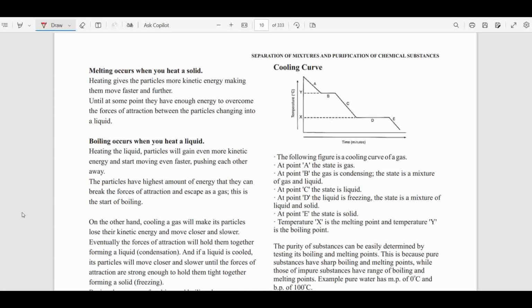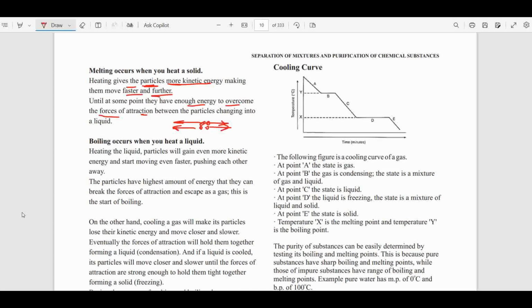The heating actually gives the particles more kinetic energy, and this kinetic energy makes them move faster and further away from each other, until at some point they have enough energy to overcome the forces that are holding them together. So you have these particles here, and then they begin to move apart as a result of the gain in kinetic energy.